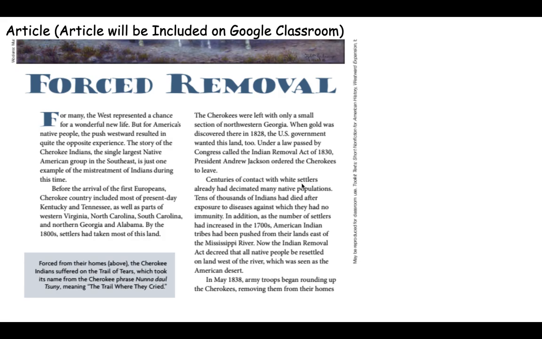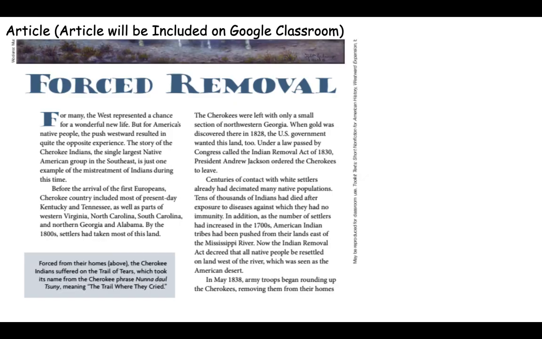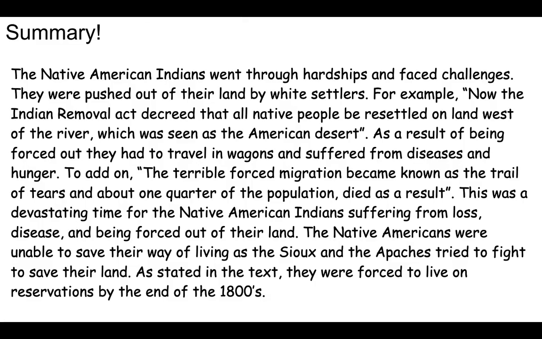This is the article that you guys read yesterday and that we talked about, so forced removal. And if you want the actual link, it will also be available on Google Classroom. However, if you view it on your computer like the way I'm viewing it right now, it's not that small, so it should be easy to read.